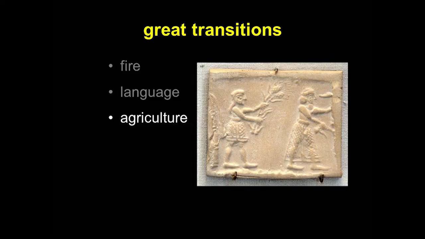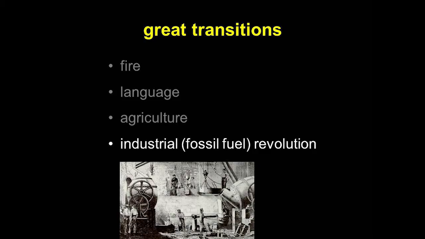Same thing with agriculture 10,000 years ago. That enabled us to extract more energy from our environment, to grow more food, to create more carrying capacity for more human beings. These have been great successes in our history as a species. Then the fossil fuel revolution increased our ability to control the environment and to create carrying capacity for more human beings. Well, we've kind of reached the end of that trajectory, haven't we?